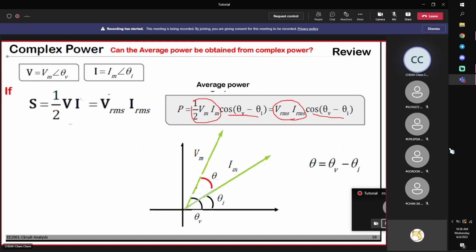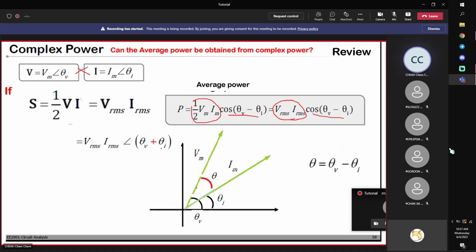Now, naturally, you think that if you use the peak values, then you use half VI. If you use the RMS value, then you use VI to get the complex power. But be careful: if you are multiplying two phasors together, then you add the angles.